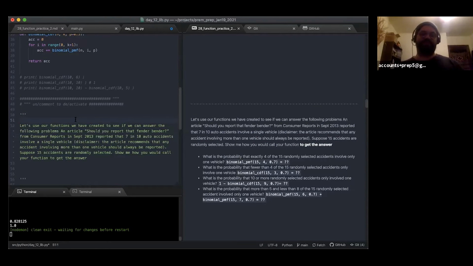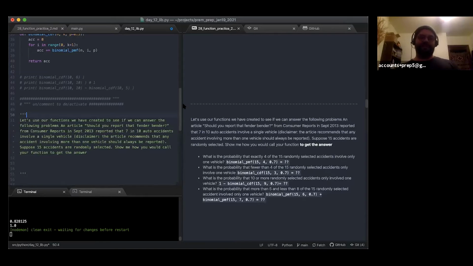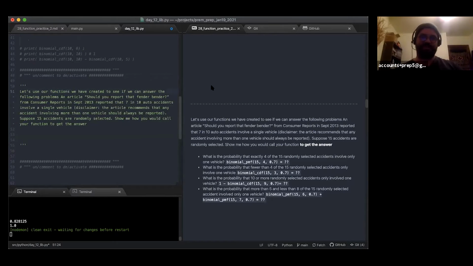In this case, I'm looking for the inputs to my binomial CDF function. What are my inputs? It's the number of events, the probability of success, and the range of success cases that I'm looking for, right? I'm just going to chop this up in here and show you how you can do this.